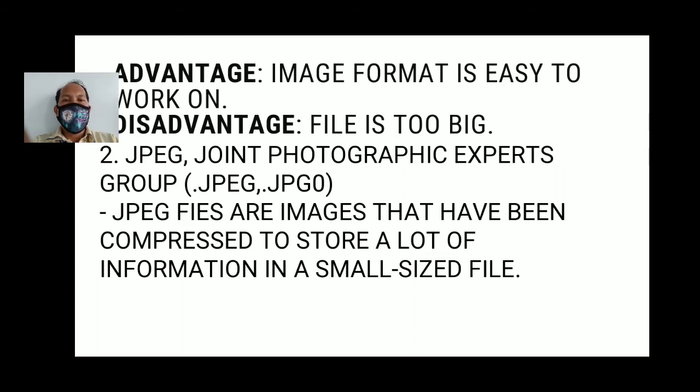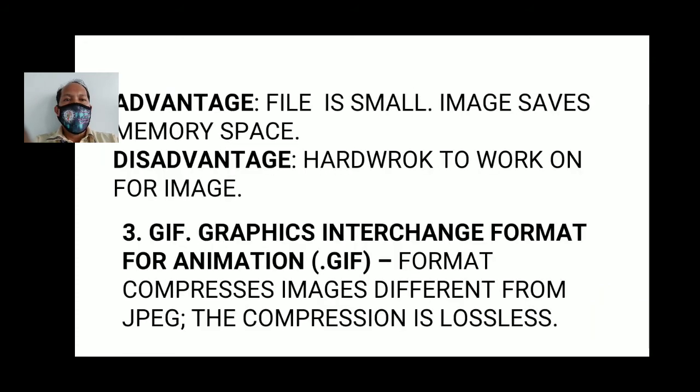Another one is JPEG, or Joint Photographic Experts Group, or JPG. JPEG files are images that have been compressed to store a lot of information in a small file size. What's the advantage? The file is small and saves memory space, but the disadvantage is that it is hard to work on the image.